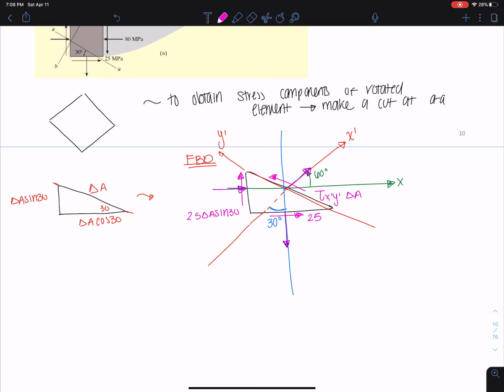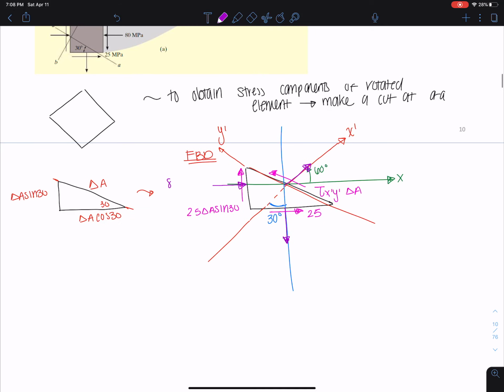And then we would have our normal forces of 80 delta A sine 30. This is an x prime now. And then our normal here, which would be the 50 delta A cos 30.